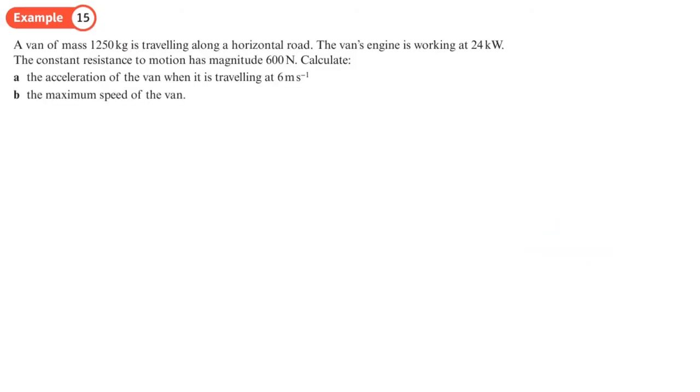On this one we have a van which is travelling on a horizontal road like this. It's got a mass of 1,250 kg.